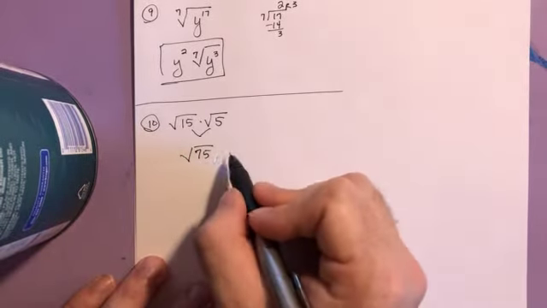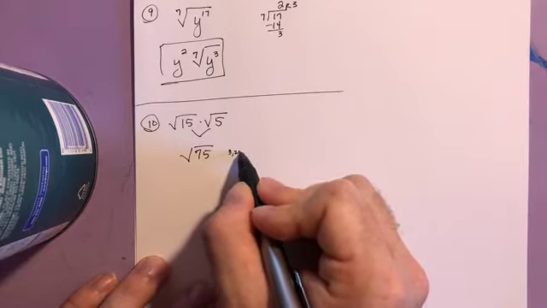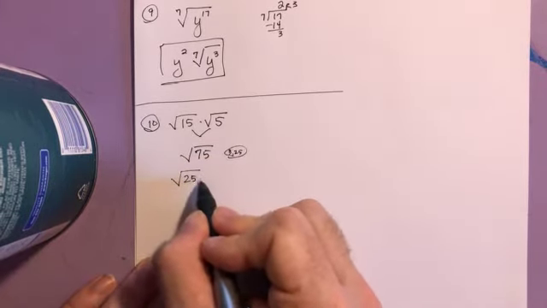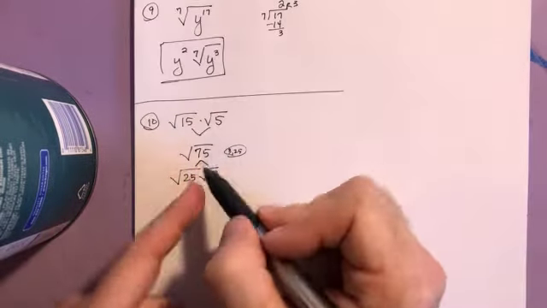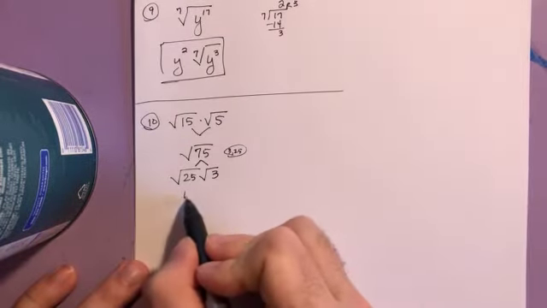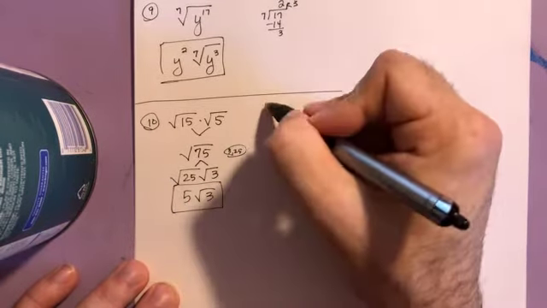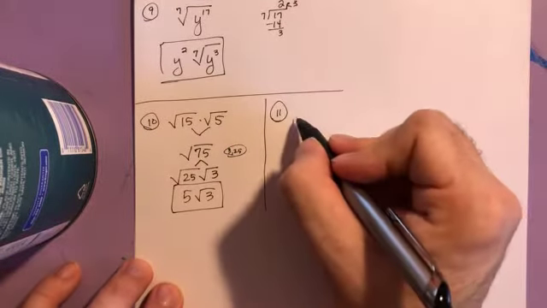And then you're going to think about numbers that go into 75, like, let's see, 2, no, 3 and 25. Hey, that's a pretty big one. So square root of 25 and square root of 3 is what you'll split them up as. So put them together and then break them apart again, and you get 5 square roots of 3. That's the idea behind 10 and 11 and 12.